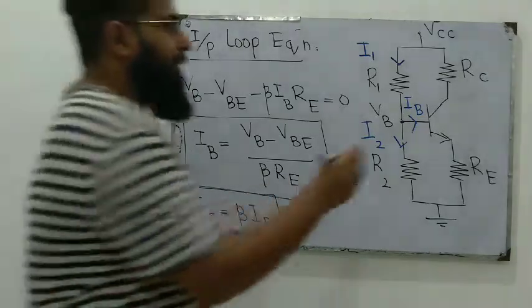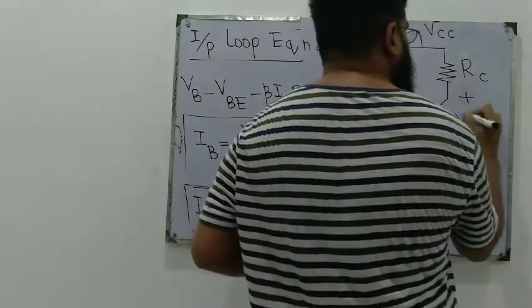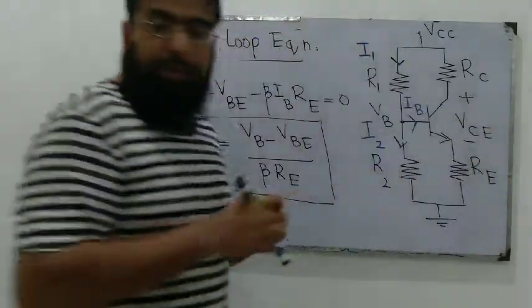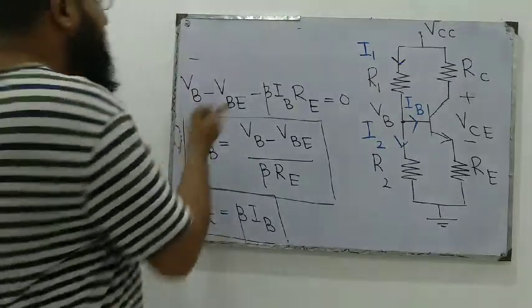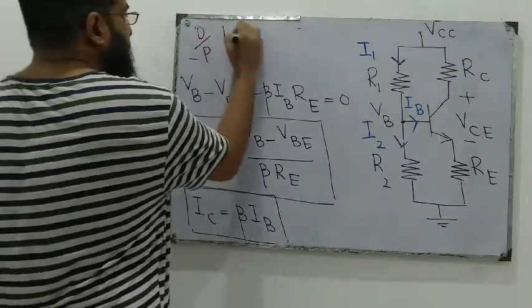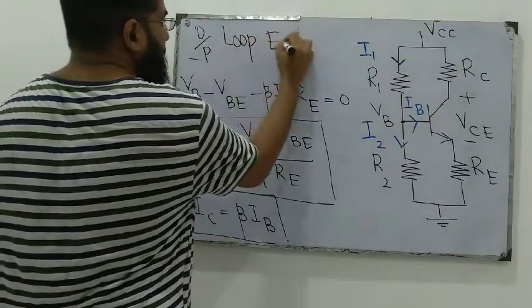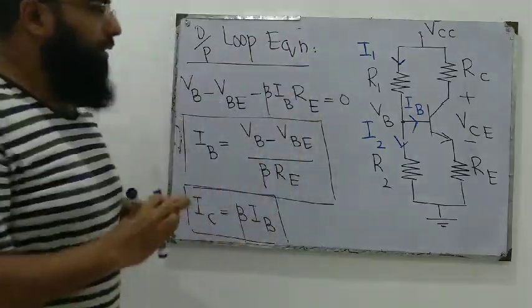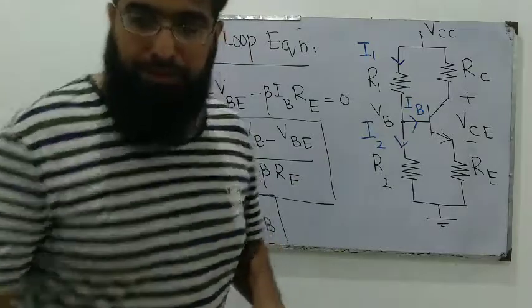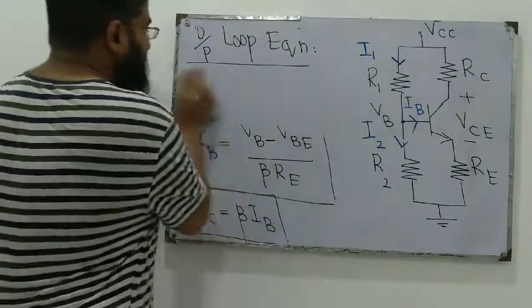To solve for VCE, the voltage drop between the collector and emitter terminals, we need to write the output loop equation, as we have been writing for the last so many lectures, at least for the last 3 lectures.